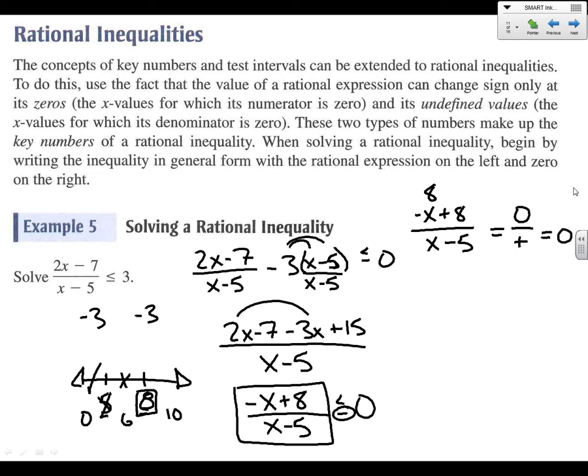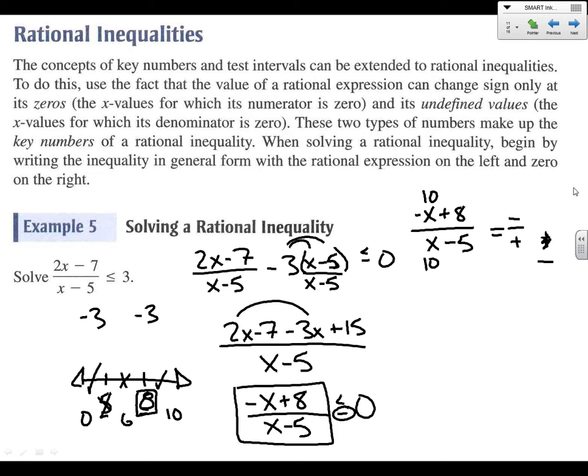And then lastly, let's check the 10. Negative 10 plus 8 is negative. Plugged in the wrong thing. 10 minus 5, positive, so it's a negative. We like it.